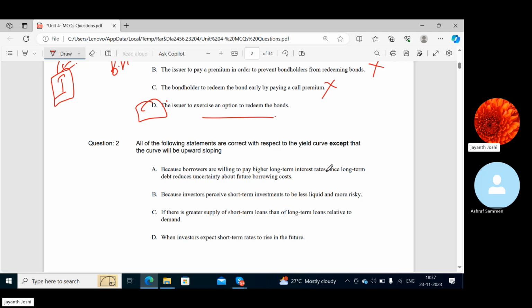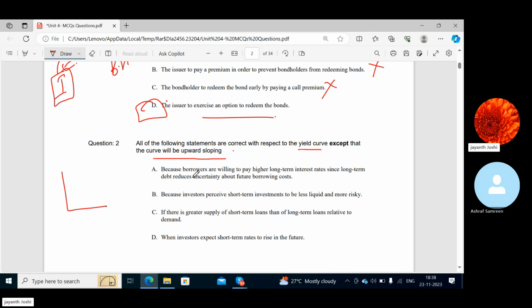All of the following statements are correct with respect to the yield curve, except that the curve will be upward sloping. This has also been discussed, right? Yes, sir. They are asking which statement is wrong.